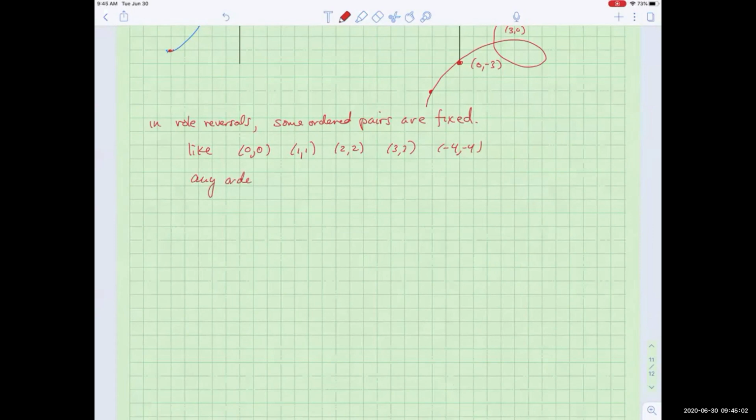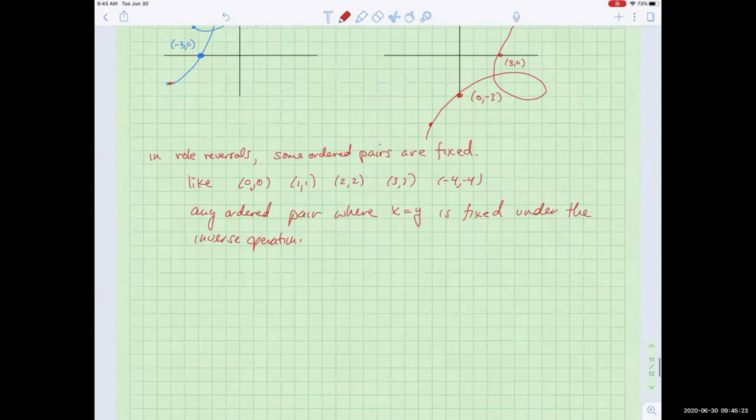Any ordered pair where x equals y is fixed under the inverse operation.